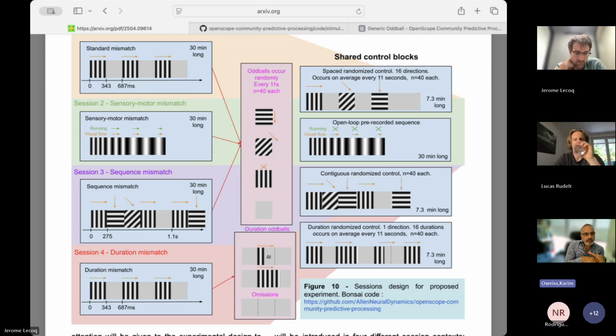And that will complicate the analysis a little bit, because now you have to account for the variety of speeds that the animal will have throughout a given trial or block.